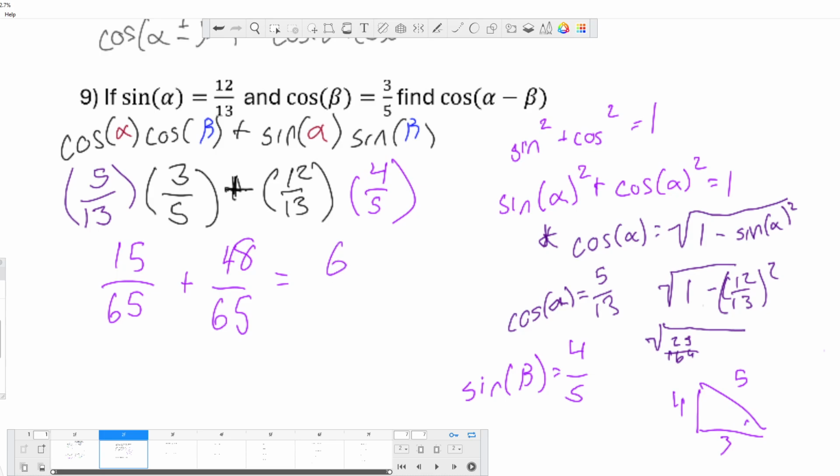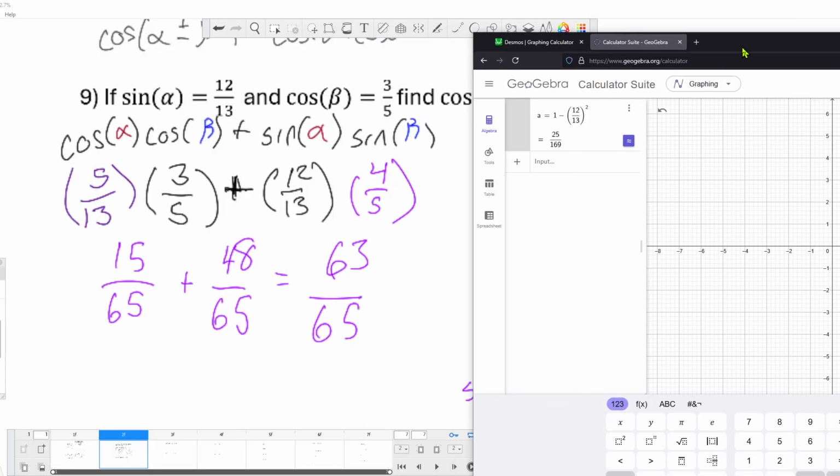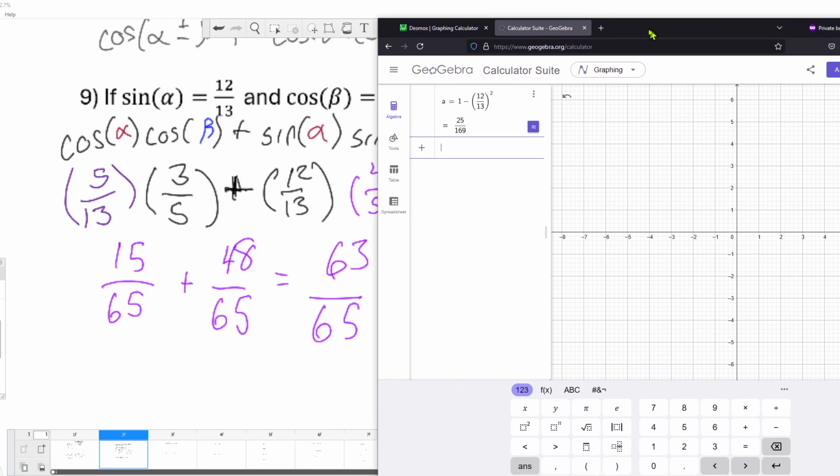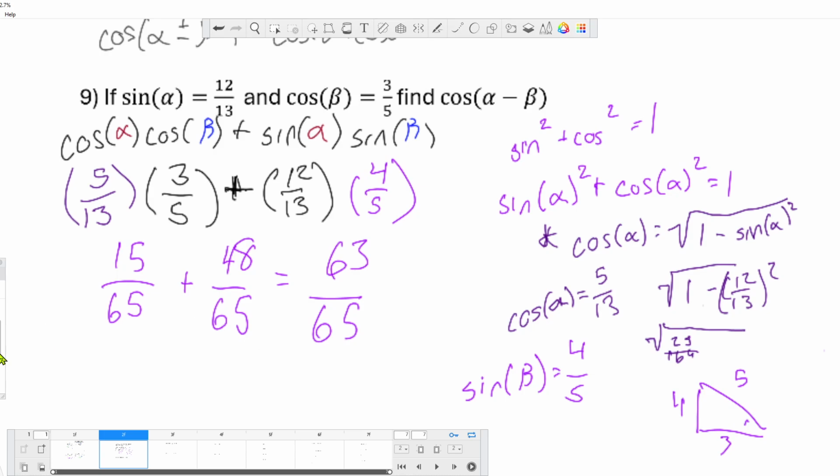Let's see, that would be 63 over 65. I'll double check it just to make sure that my math was correct. Okay. So that is the answer that I would go with.